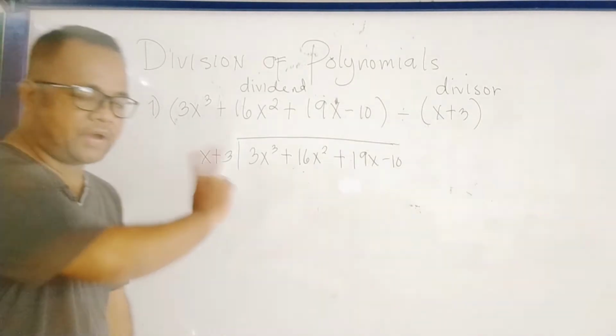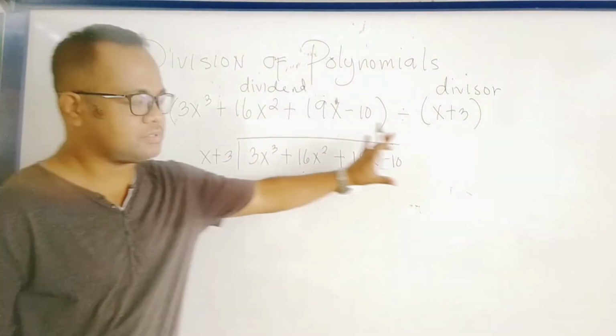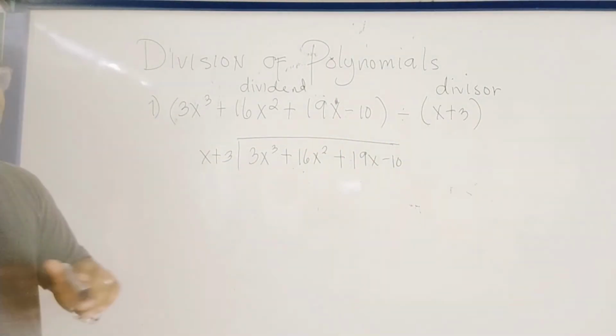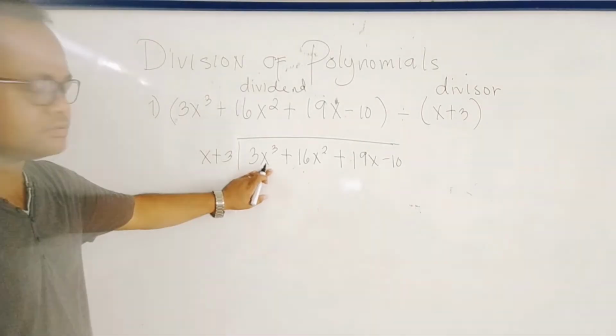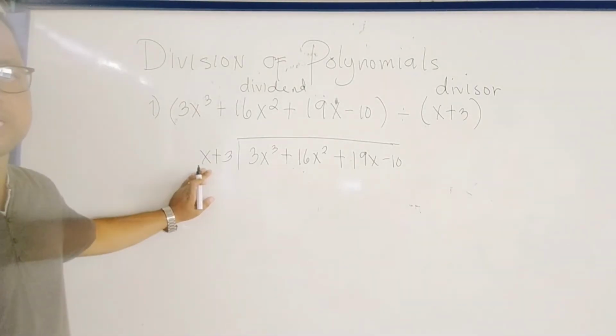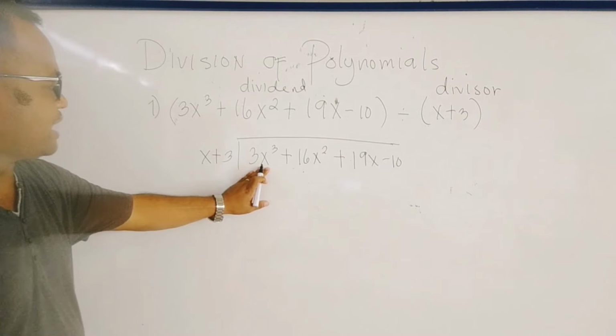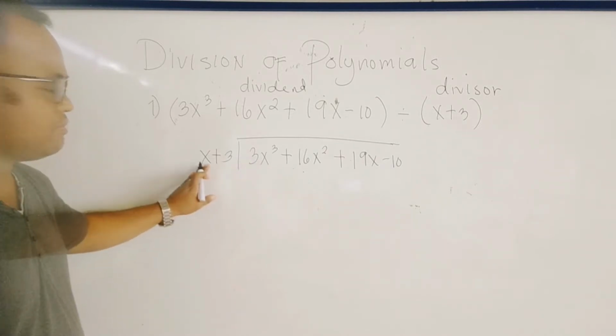After rewriting it into this form, you divide the first term of the dividend by the first term of the divisor. So 3x cubed divided by x.